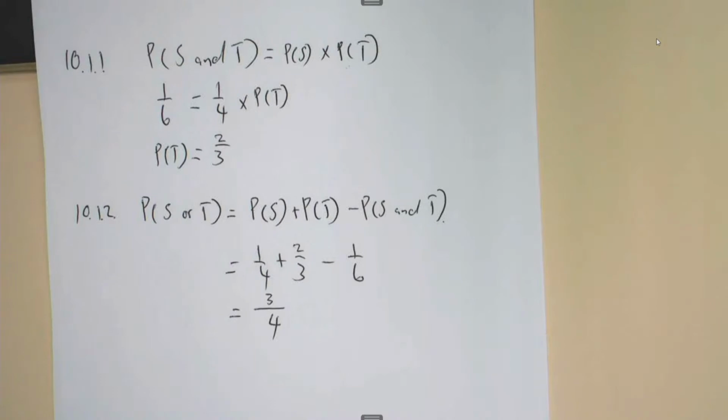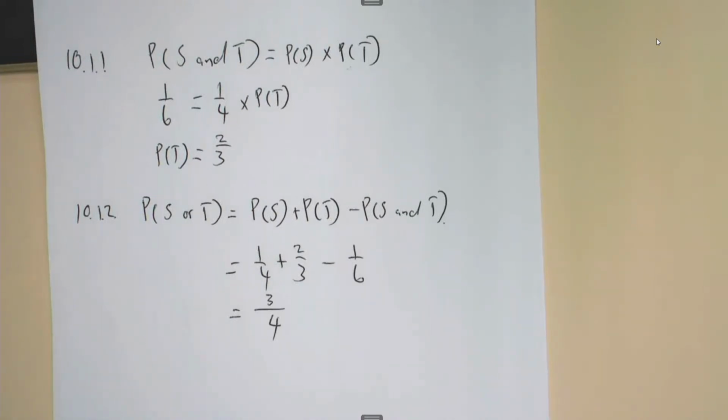So this was a question, grade 12s, that made use of the application of the probability identity, particularly the concept of independent events in relation to the probability identity.